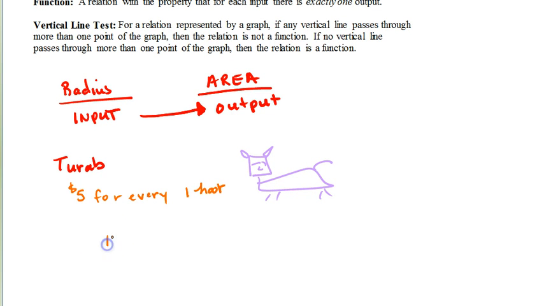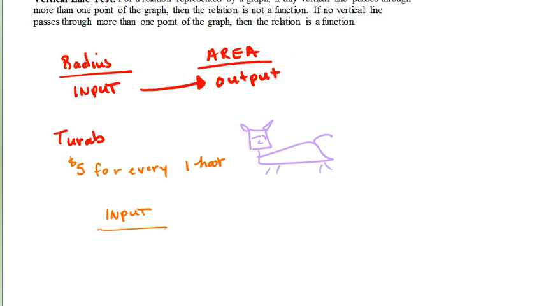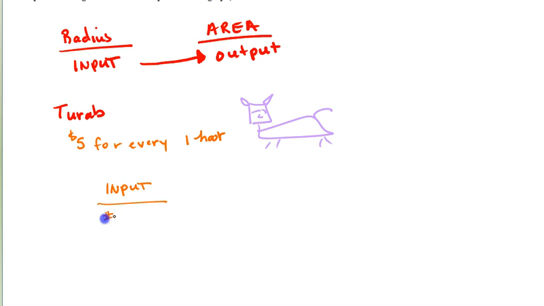So let's think about that. What would be our input? Well, our input would be the number of hours. So I could input 0 hours, and my output, or the dollars, would be 0. I could also input 1 hour, and my dollars would be $5.